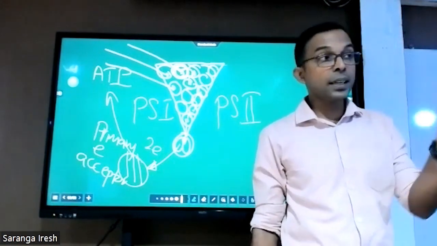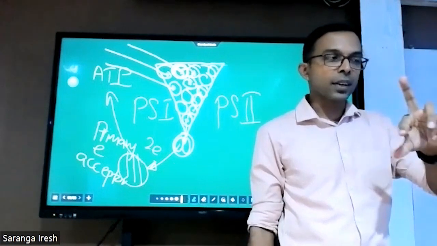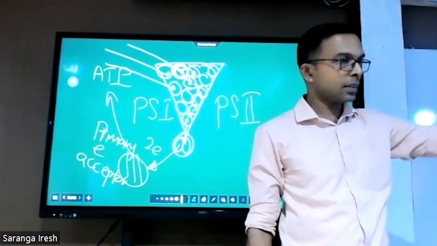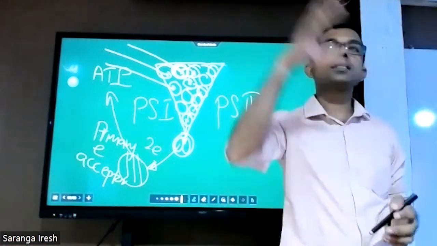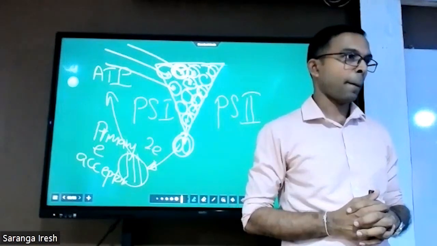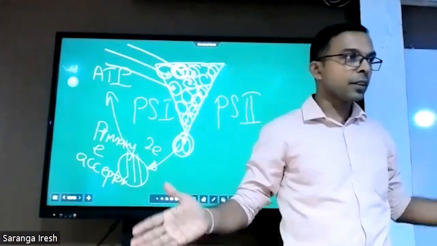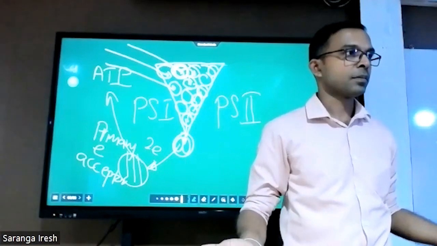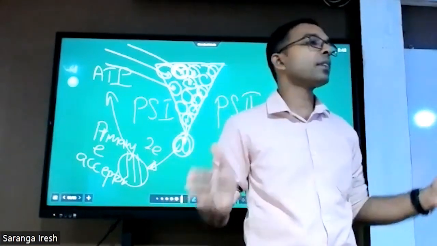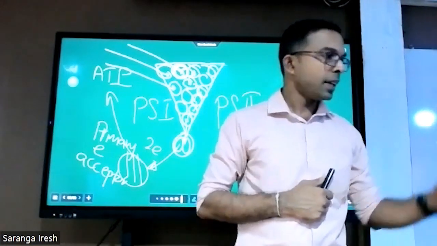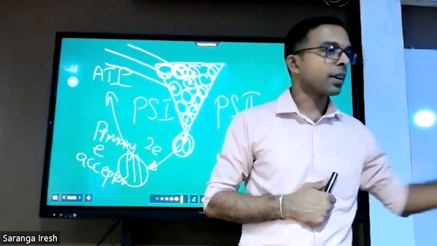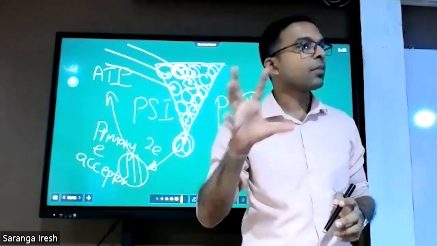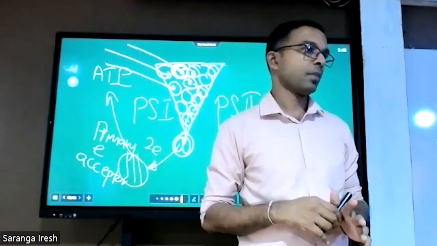As I said earlier, there are two pathways: the cyclic electron transport chain and the non-cyclic electron transport chain. But from both methods, ATP is generated. Therefore, these two pathways are named cyclic photophosphorylation and non-cyclic photophosphorylation.